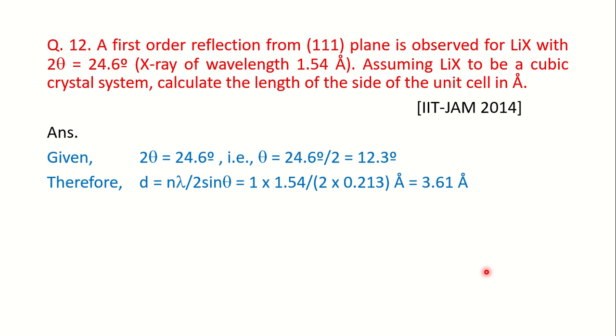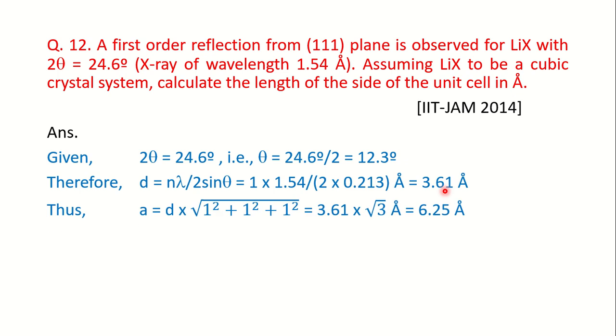Now the value of d must be n lambda by 2 sin theta. The value of n is 1, lambda is 1.54. The 2 sin theta means 2 sin 12.3 degree, and it is nothing but 2 into 0.213, and the final result of this calculation is 3.61 angstrom.